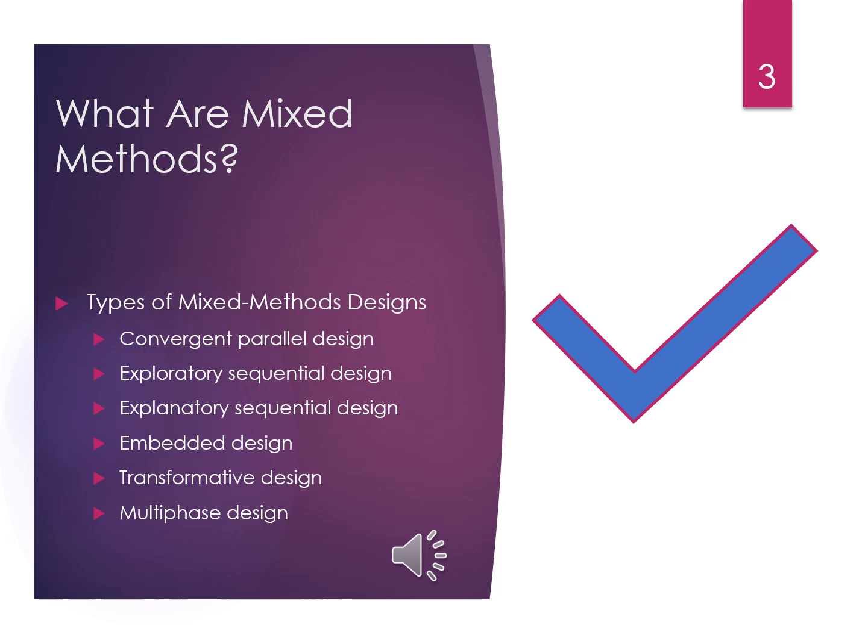Then we have the embedded design, where the primary method, which may be qualitative or quantitative, is supplemented when the researcher adds the other component to gain additional insight. For example, a quantitative design might be supplemented by a case study. These designs may be implemented either concurrently or sequentially.